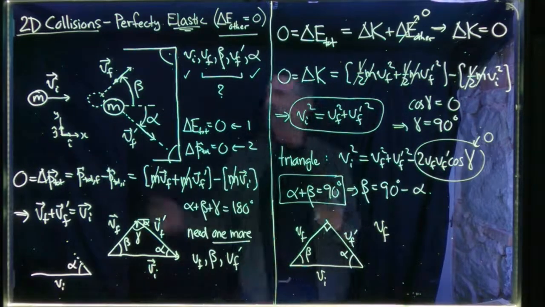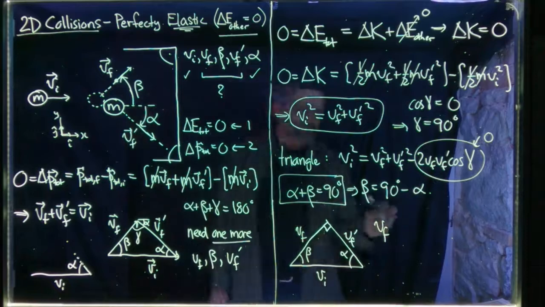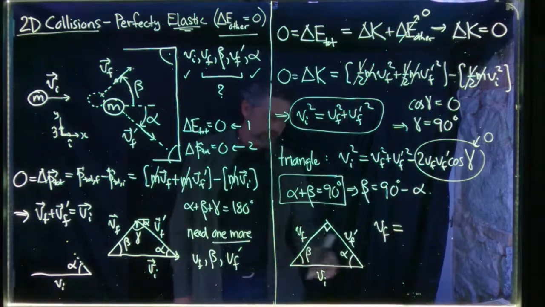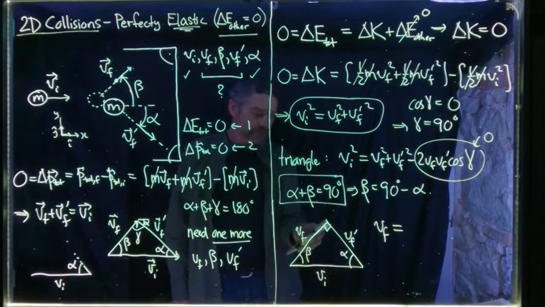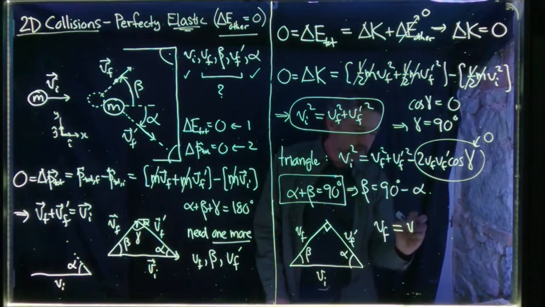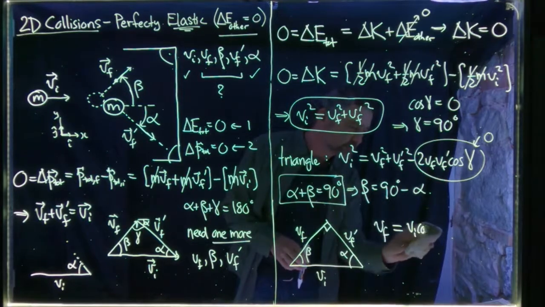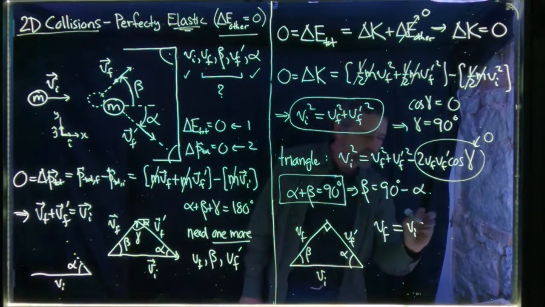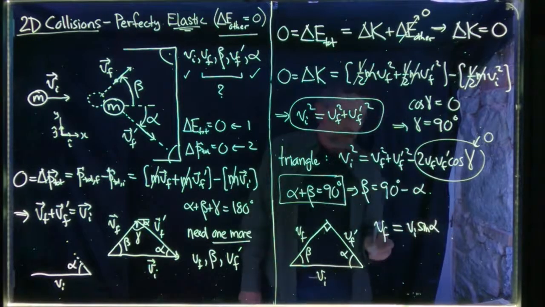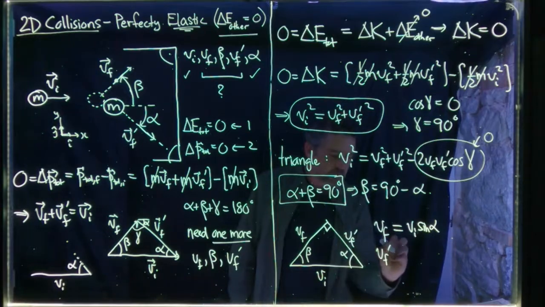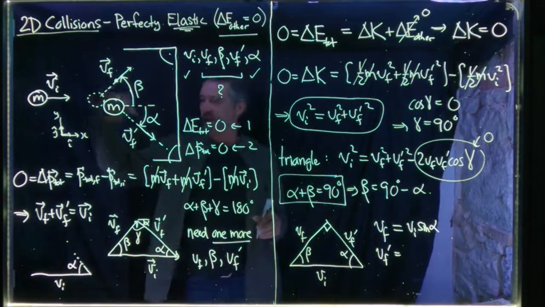So the final speed of the white ball, the cue ball, well, that's going to be equal to the initial speed times cosine of beta. So that's v initial times cosine of beta. But because beta is 90 minus alpha, that's the same as sine of alpha. So that's v initial sine alpha. And v final prime, so that's the final speed for the colored ball.